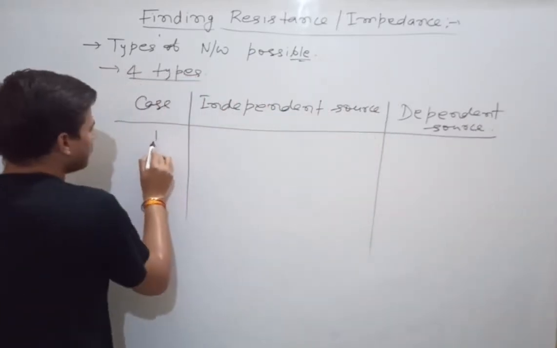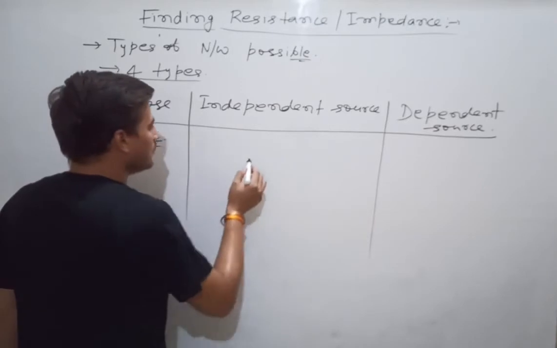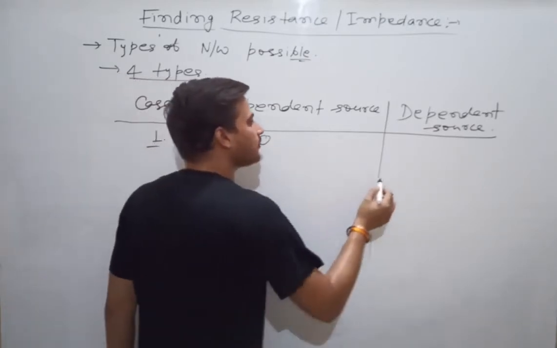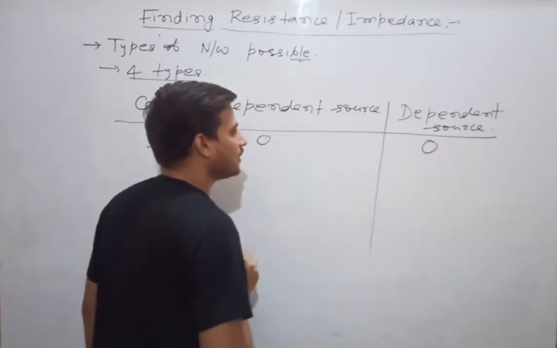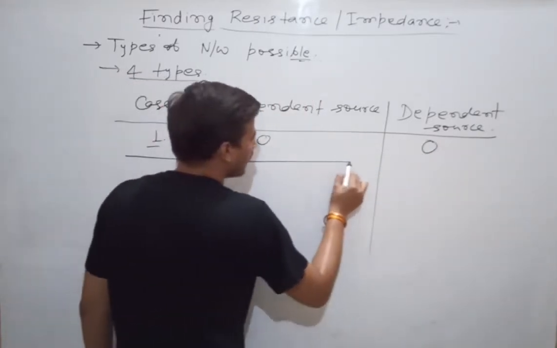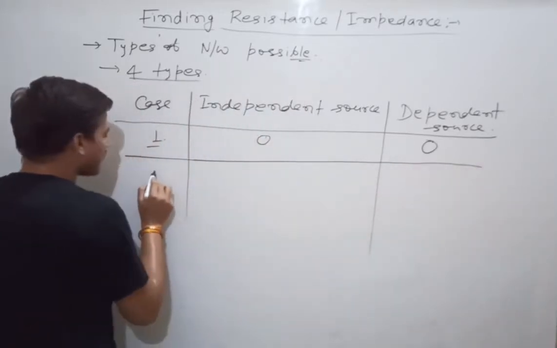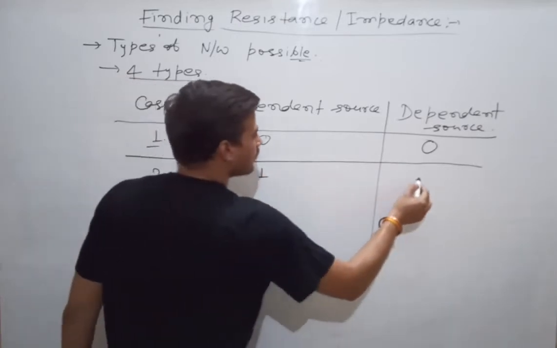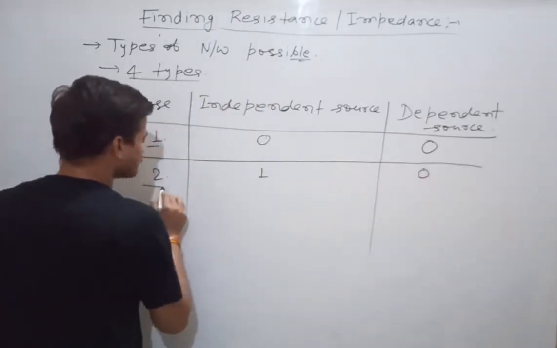The first case will be, you will have a network in which there won't be any independent source, there won't be any dependent source. Clear? That means the network will have only resistor, inductor and capacitor. Second case is, you will have one independent source and there will not be any dependent source.